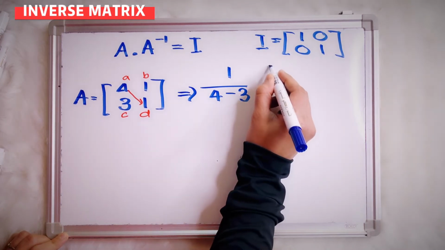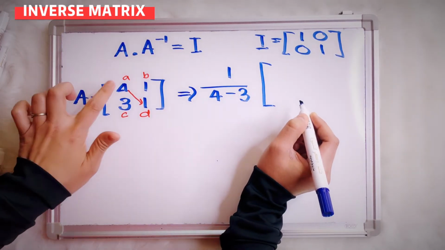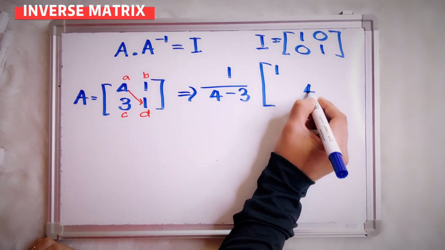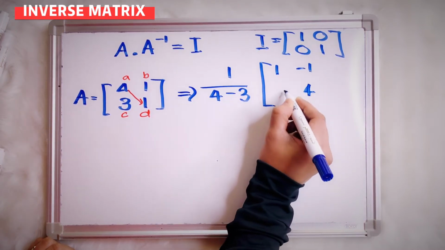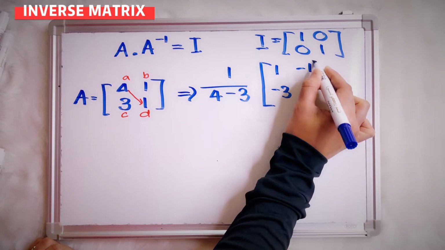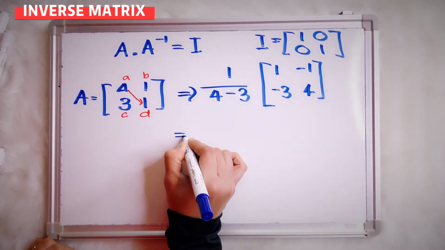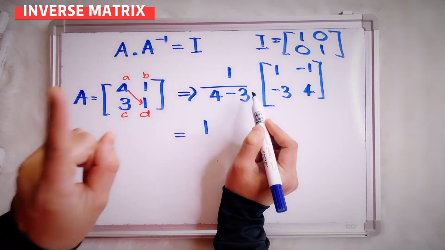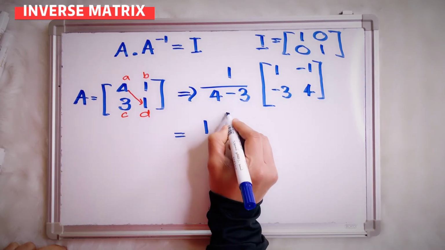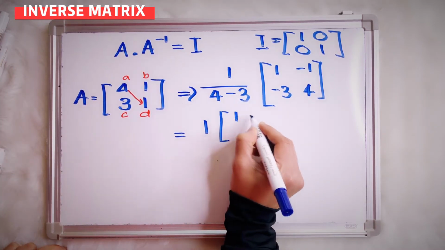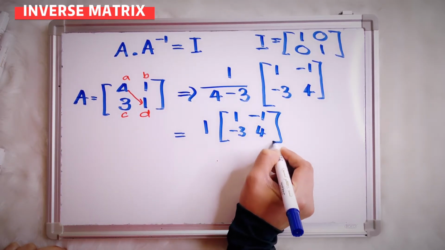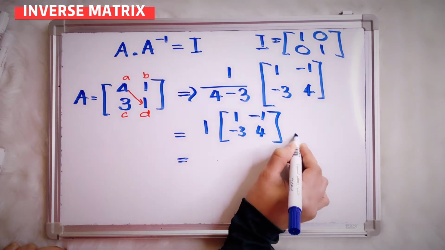So here you will put 1 and 4, negative 1, negative 3. Then you will have here 1, correct? Because 4 minus 3 is 1. 1 divided by 1, we have 1. So 1 you multiply with 1, negative 1, negative 3, and 4, you will have same answer.